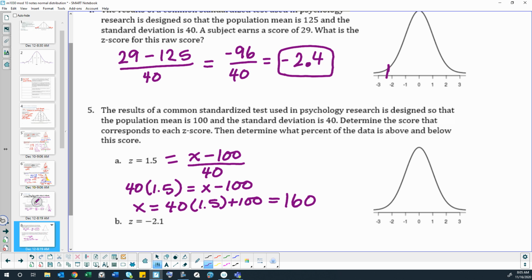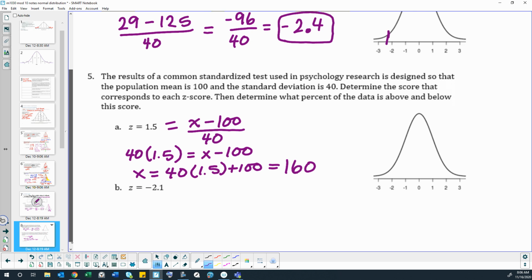Now we're supposed to figure out the percent of data above and below that score. I didn't write down on here how I did that, so I'm wondering if I did it using a table. Because it's 1.5, it doesn't fit exactly within our empirical rule, because it's not like at 1 or 2 or 3, like we were used to doing on that empirical rule assignment. So this is a little bit trickier, and I need to refresh myself on the process for finding the percents above and below. So if you'll be patient with me, we'll come back to this.